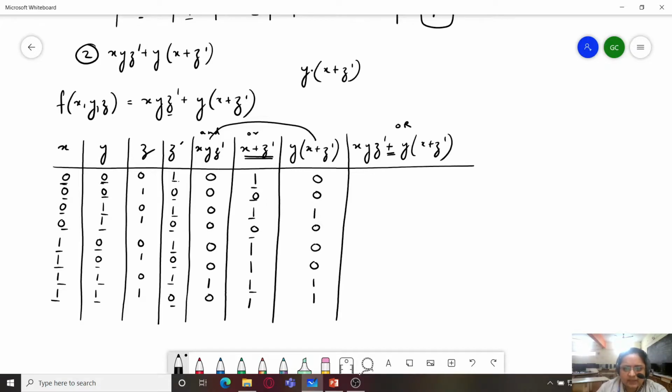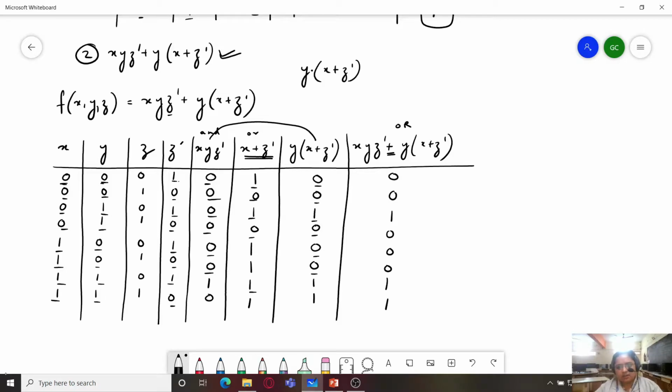Y x plus z dash is already the second term, and the first term is x y z dash. So 0 0 will be 0, 0 0 will be 0, 0 1 will be 1, and because two ones are there, we can simply write them here. So this is the truth table for the second function in x, y and z.